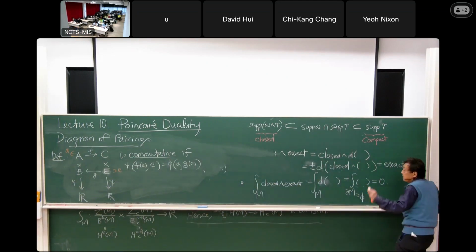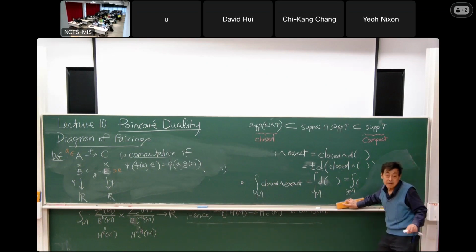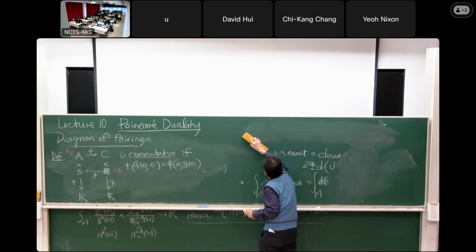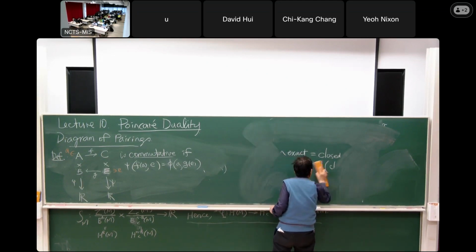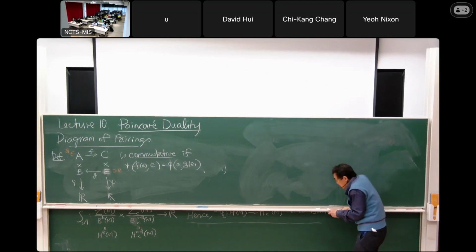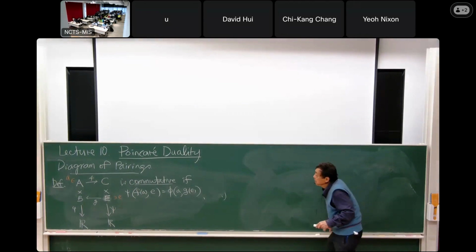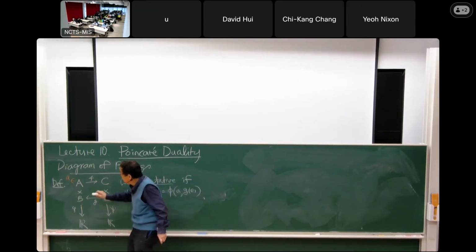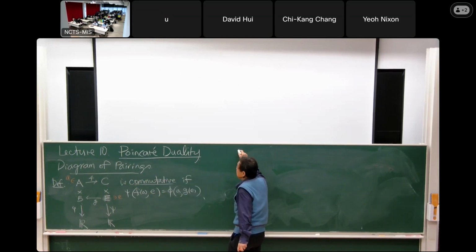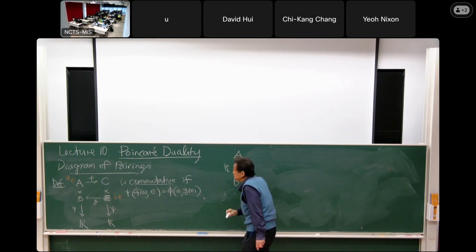Well, it turns out that a commutative diagram of pairings is equivalent to a commutative diagram of linear maps. Whenever you have a pairing, you have a left map. So I have a map A to the dual of B. That's a left map.